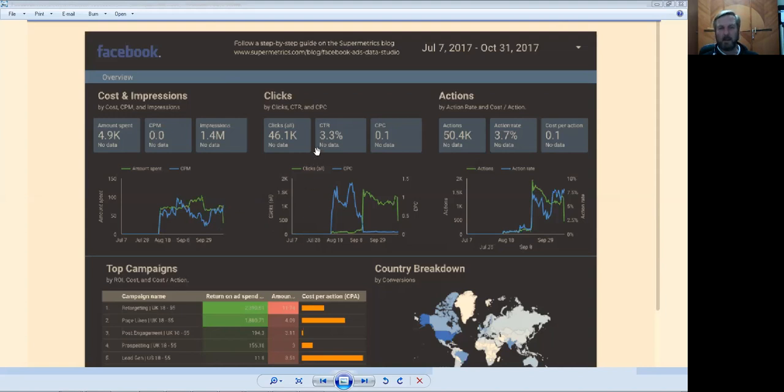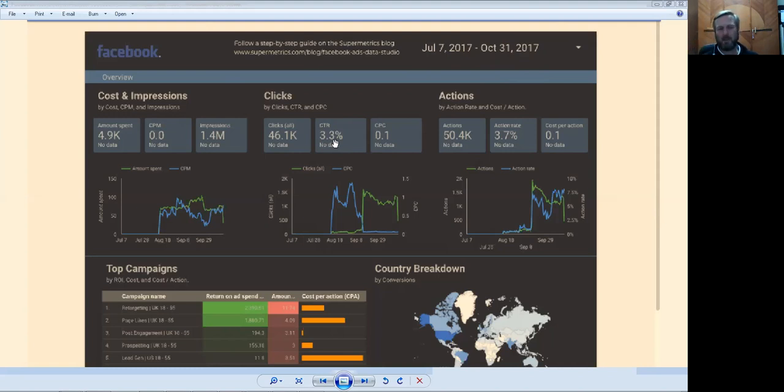Okay. Now the next one, the amount of clicks is 46,000. Click-through rate is 3.3%. My logic tells me that this is not for the specific time, but would most probably be for this time frame. It tells me that the click-through rate is not good. Well, it's not bad, but ideally you don't only want 3.3% of people clicking on your ad.